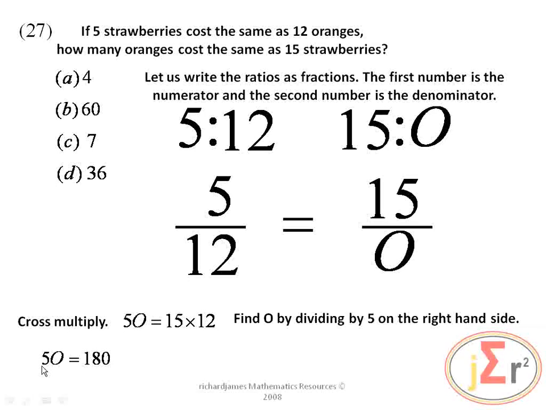The 5 on this side will cancel with this 5 and O is left. Then we divide 180 by 5, and the answer is 36. And the correct option is D.